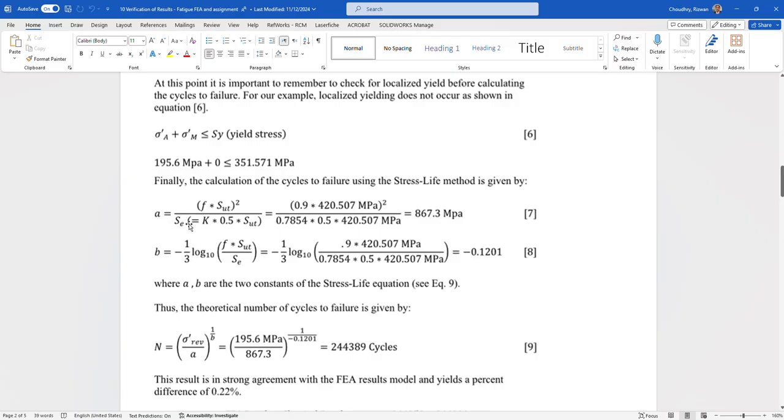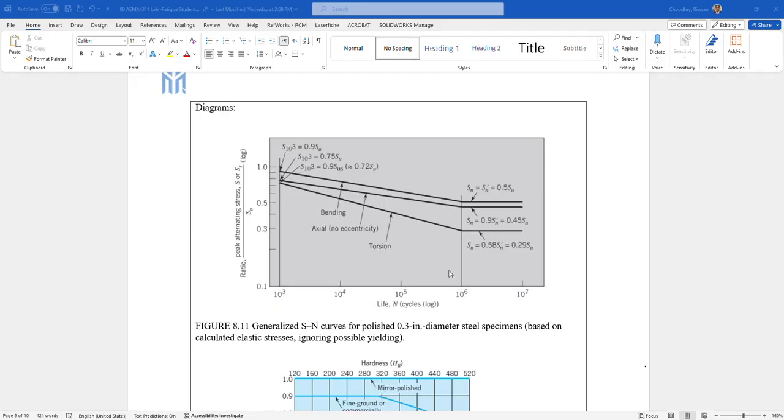The endurance limit strength in our case is the endurance limit modification factor K multiplied by 0.5 into SUT, the ultimate tensile strength. I am explaining this to make sure it makes sense in terms of the formulas we will cover in the tutorial section as well.